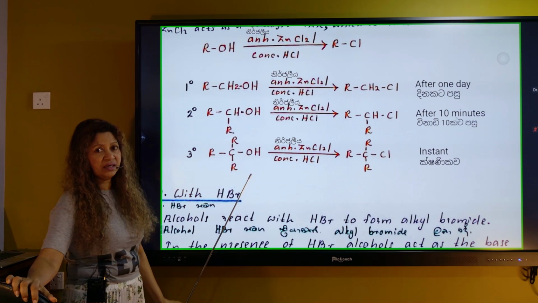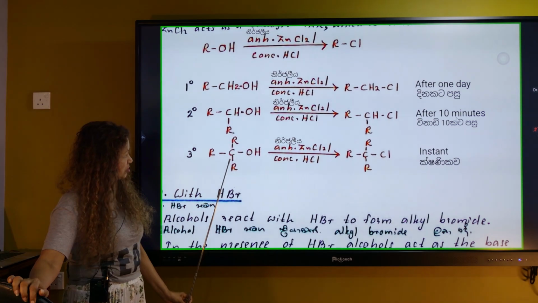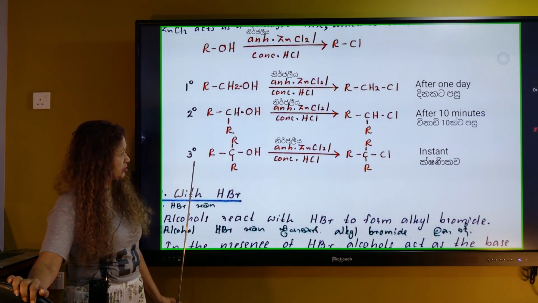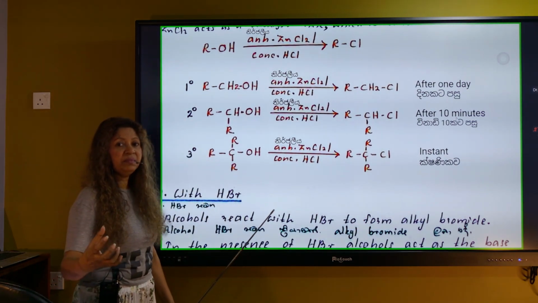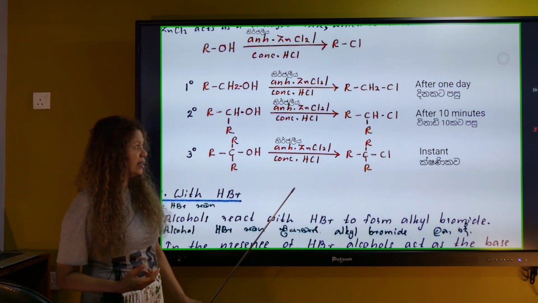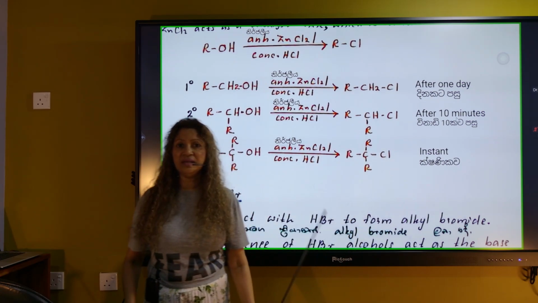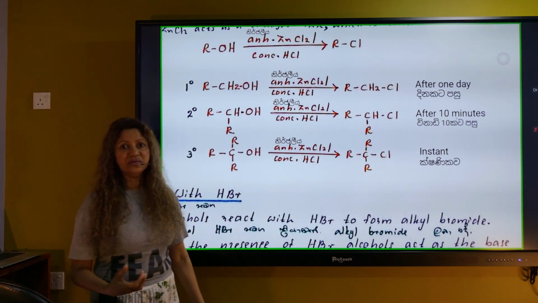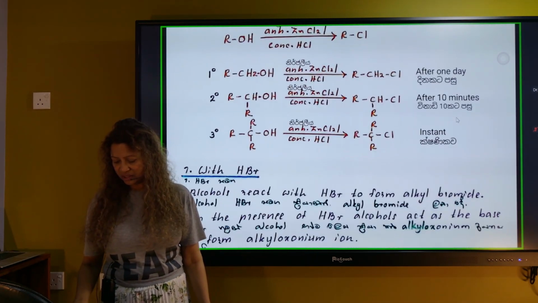This is an SN1 reaction, so carbocation stability matters. The tertiary carbocation is more stable, so the reaction is very fast. The medium becomes turbid with insoluble alkyl halides, and the secondary shows turbidity after 10 minutes and the primary after 1 day. So we use this for identification, to distinguish between primary, secondary, and tertiary alcohols.